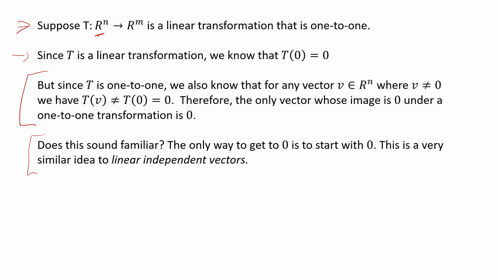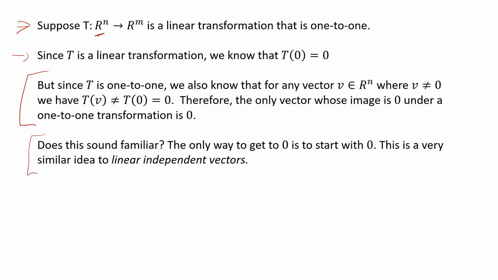This should sound a little bit similar to something we've already seen. Remember that the linear transformation is the matrix, the linear combination of the columns of the matrix. Well, if it's one-to-one, that means that a linear combination of the columns can never turn into 0.